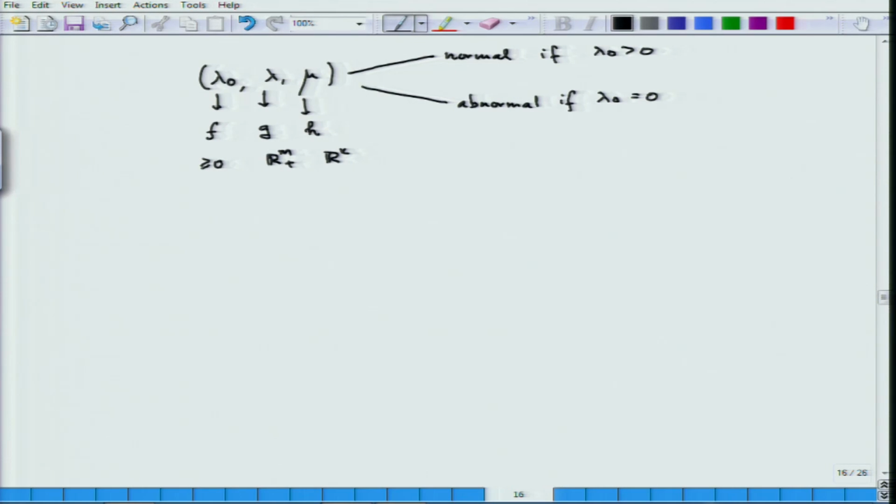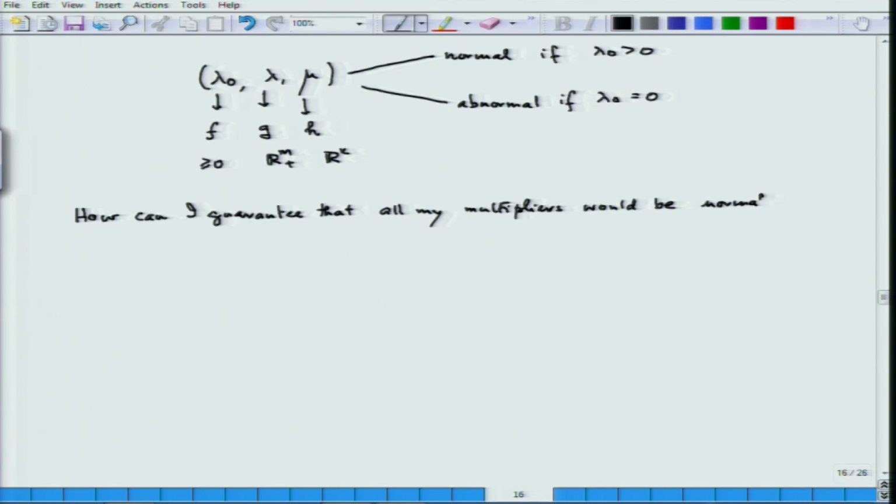Now, how can I guarantee that all my multipliers would be normal? That is a very, very fundamental question. So, how can I guarantee that all my multipliers would be normal?